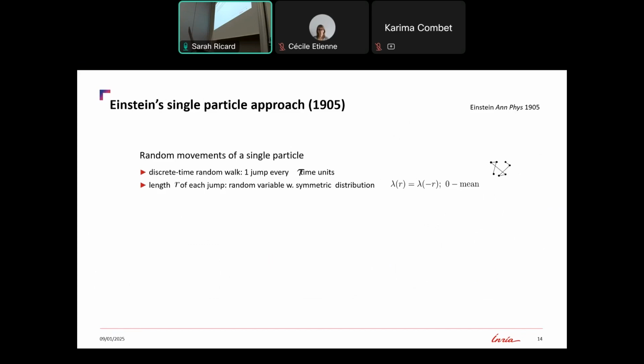When it jumps, it remains static where it was for tau time units, and the jump time is infinitely fast. So you jump infinitely fast, you remain where you are for tau time units, and you jump, and so on and so on, right? So a discrete time random walk. Of course, that's where the theory is wrong, and we will see that the theory is wrong because a random walker doesn't wait for tau. Between two jumps, it also moves.